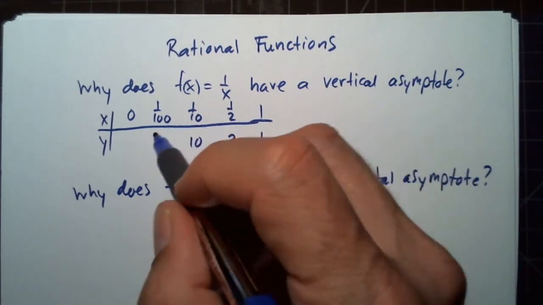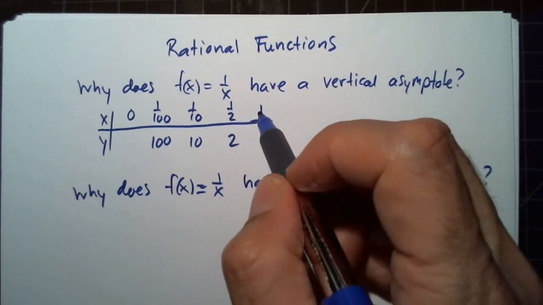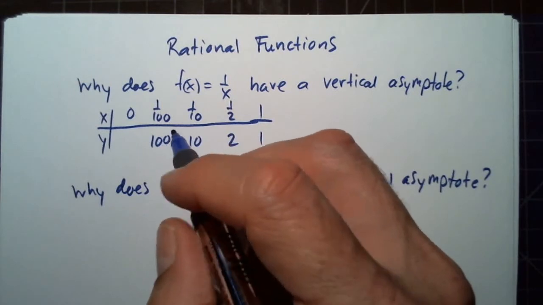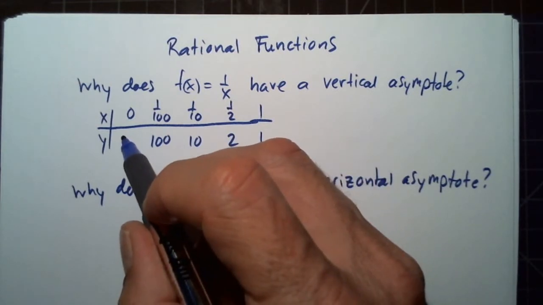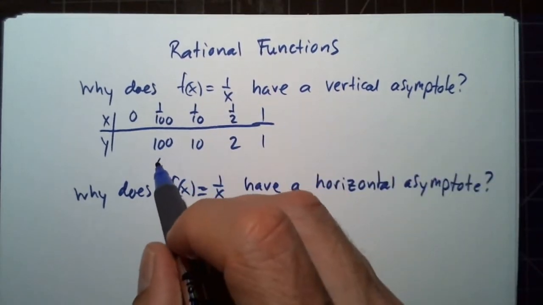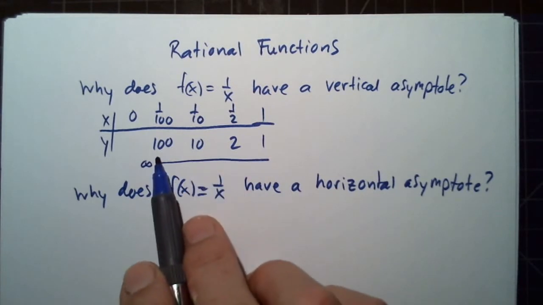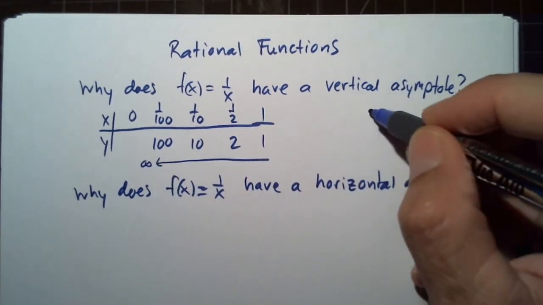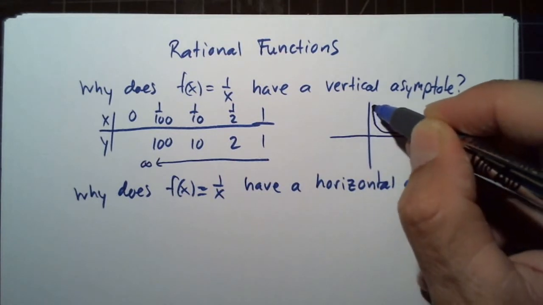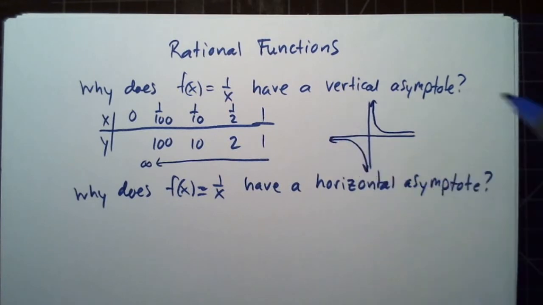And now we'll have a 10, and then 100. What's happening as x goes to 0, the y values are going to infinity, and this is undefined if you divide by 0. So we can see that the y values are going to infinity, and that's why we see a vertical asymptote. Happens on the other side also.